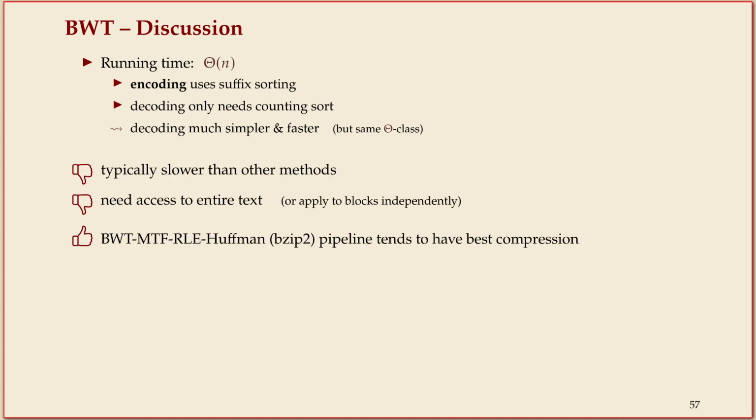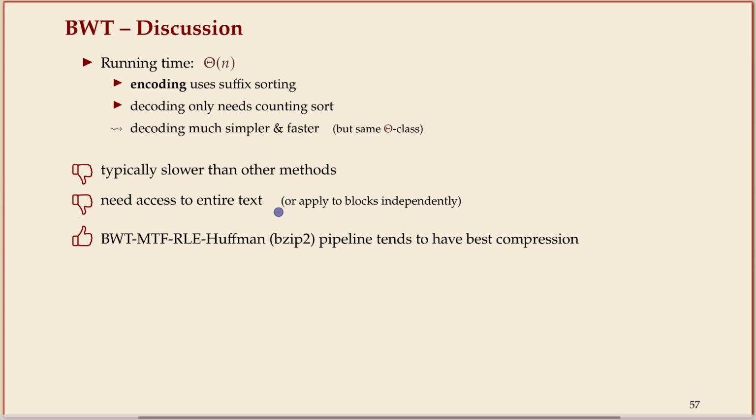Now, what can we say about using BWT for compression? It's typically slower than the other methods we've seen in this unit, apart from this fancy method that is way slower and trying to find more patterns still. But among the practically used methods, BWT is among the slower ones, but that's less and less of a problem.